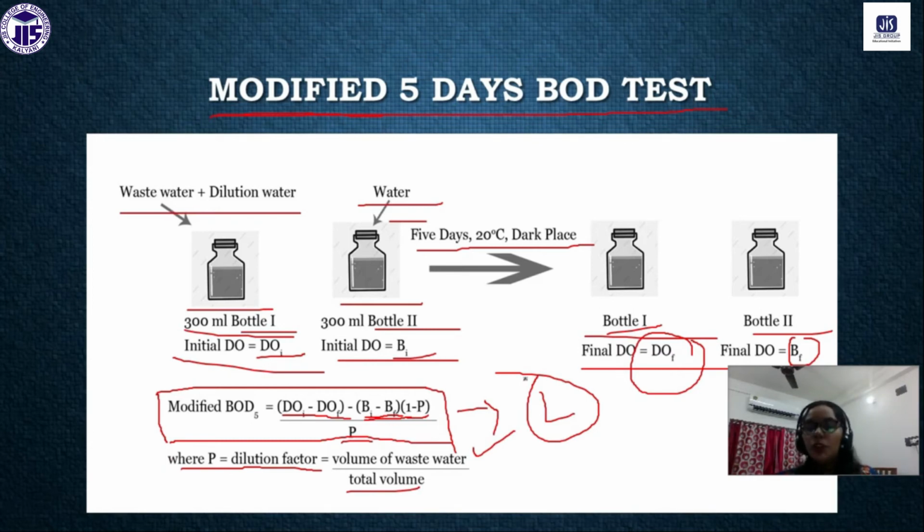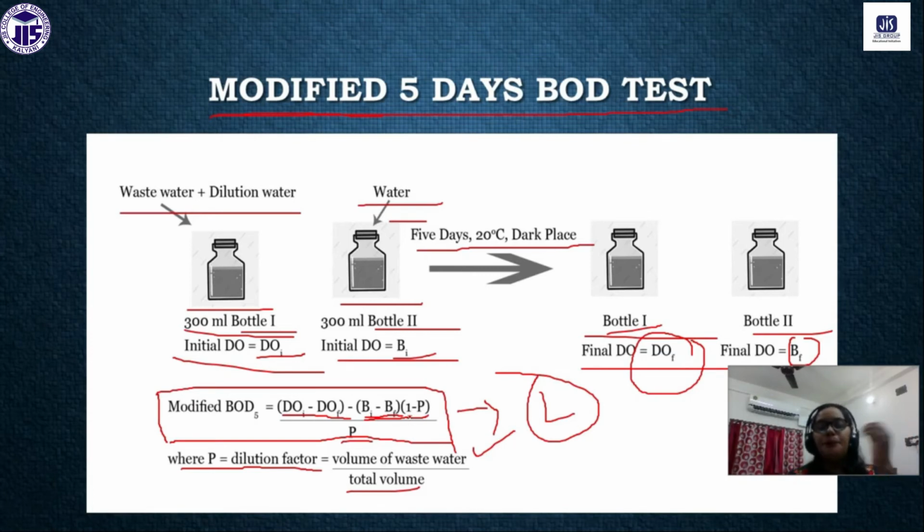If we subtract BF from BI, we will get the BOD of the water. So we have done it like this: total BOD minus BOD of bottle 2, that is the BOD of the water, and that will give you the actual BOD of the wastewater sample.